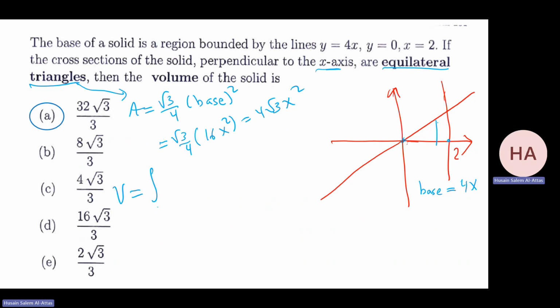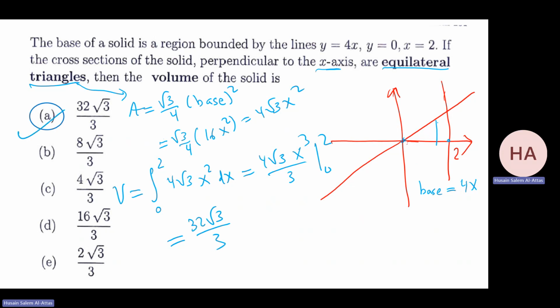The volume will be the integral from 0 to 2 of this 4 square root of 3x squared dx. That gives me 4 square root of 3 x cubed over 3 from 0 to 2. That x cubed will be 8 times 4, 32 square root of 3 over 3, which is this.